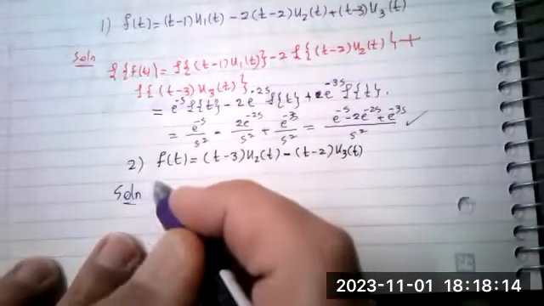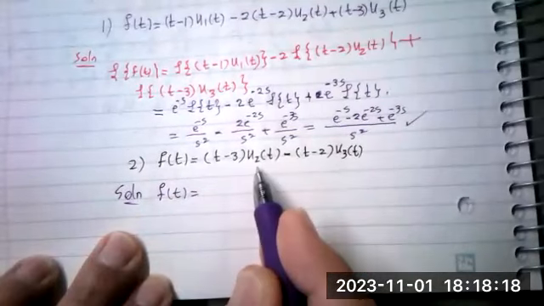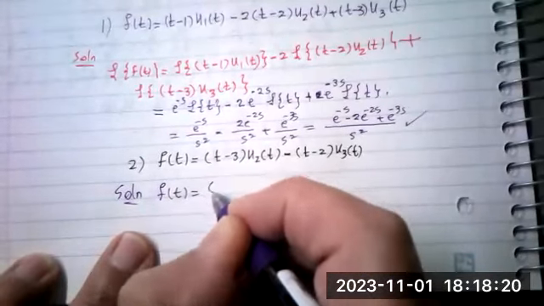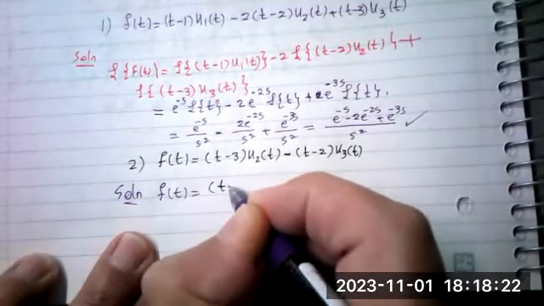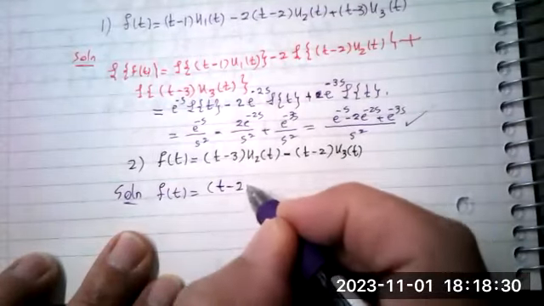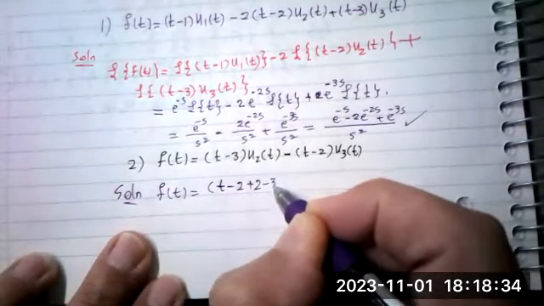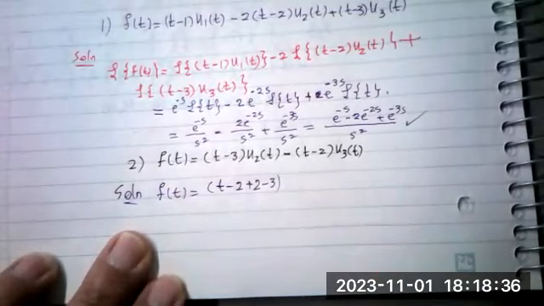This is your f of t. Because of the 2, you need t minus 2. So it's like adding and subtracting: t minus 2 plus 2, and you already got the negative 3. It can be done easier, but I just show you in general.